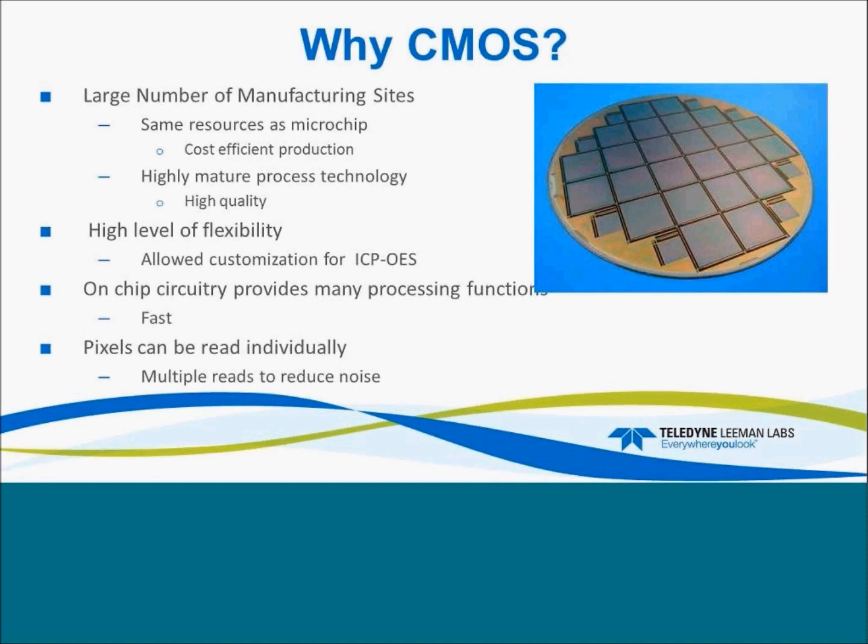It's a very mature process, so you get a lot of very high quality, and the number of rejections that you get on a wafer like this is very low. This is an example of a wafer that's used to make the devices. So you want the failure rate to be low. Another advantage of CMOS is it's very flexible, and that allowed us to customize certain things for ICP-OES.